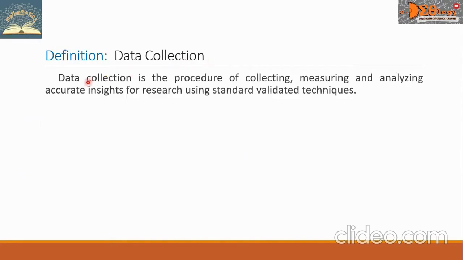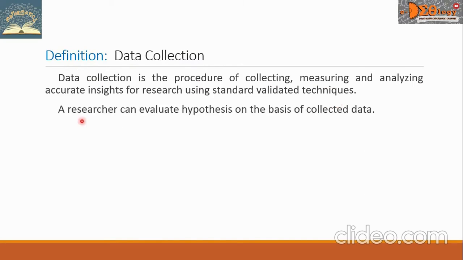Let us define data collection. Data collection is the procedure of collecting, measuring, and analyzing accurate insights for research using standard validated techniques. A researcher can evaluate hypotheses on the basis of collected data.